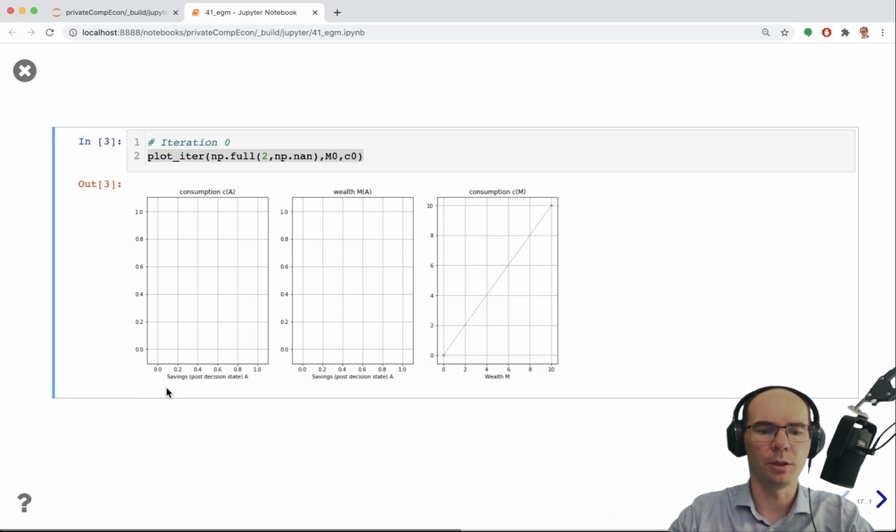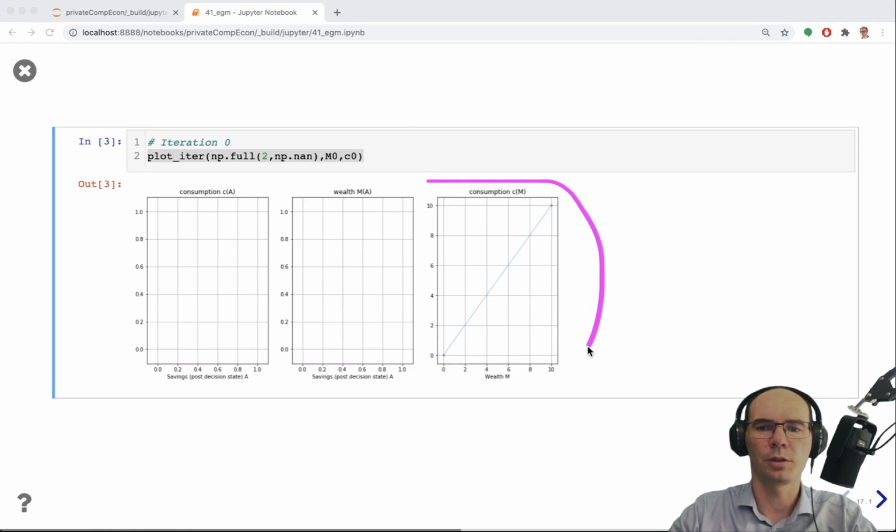So what are these plots? I want to plot the savings, the post-decision state A, on the horizontal axis in the first two panels, okay? And this is going to be consumption and wealth. So this is the derived Cj for different points j, and this is the mj for different points of j. And in the initial iteration, we just start with the consumption function, which is already given.